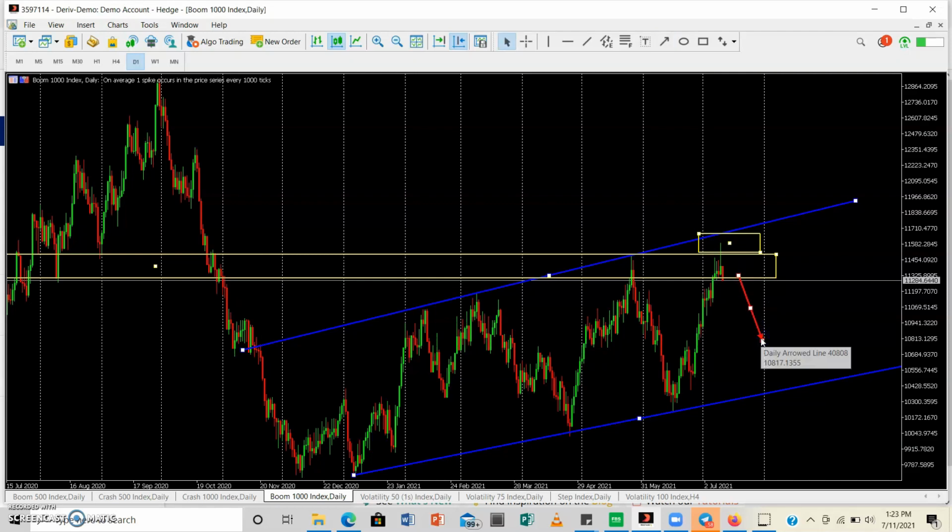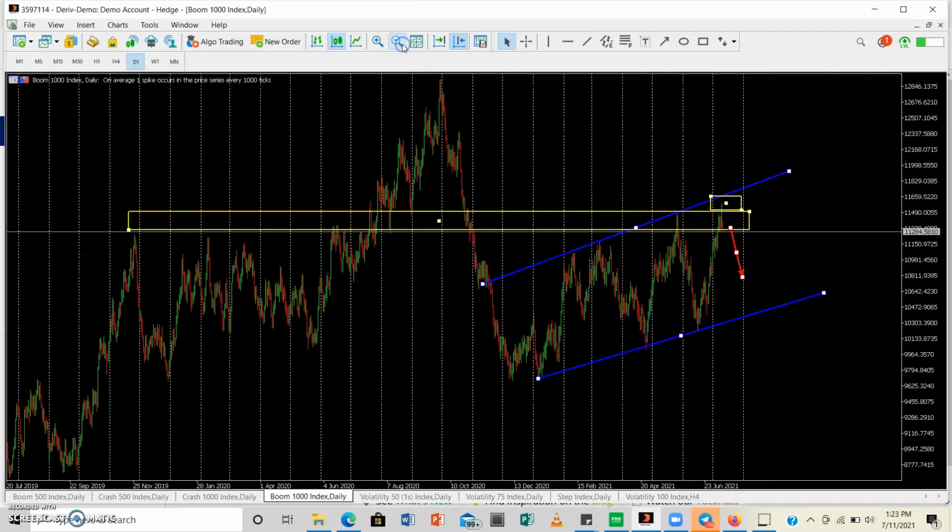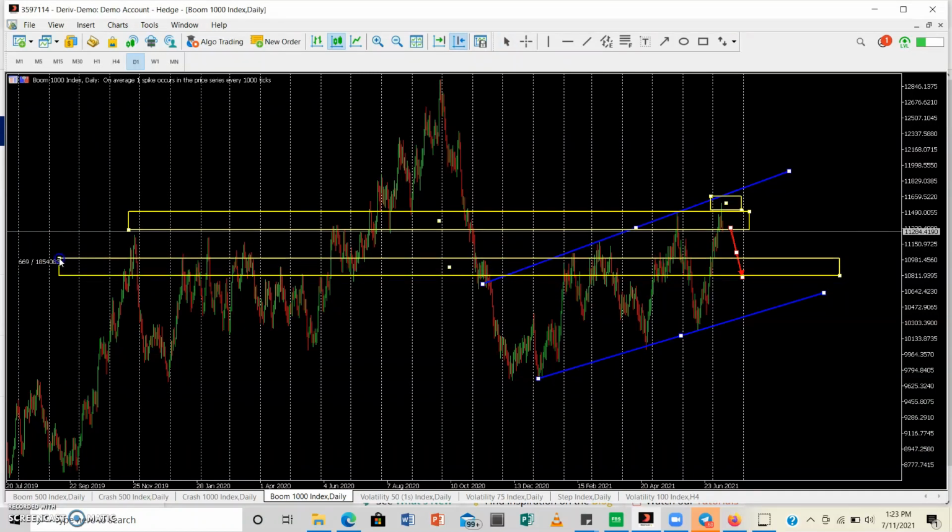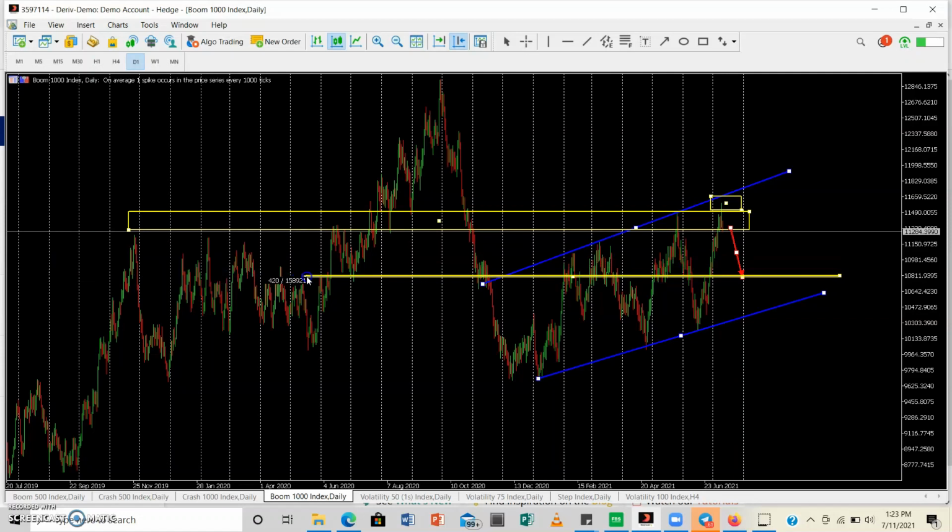Now obviously we're looking for some support or where our price is going to land. I can see that there is another closer zone, which is this one. It's a very much important zone. A lot of decisions were made there, even if you go back to the year behind or months behind.